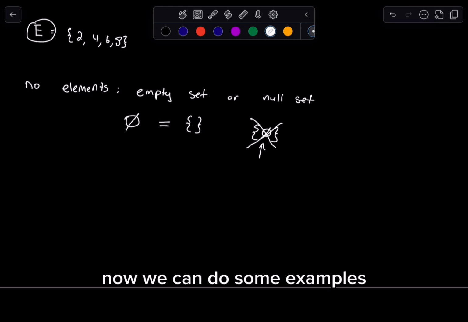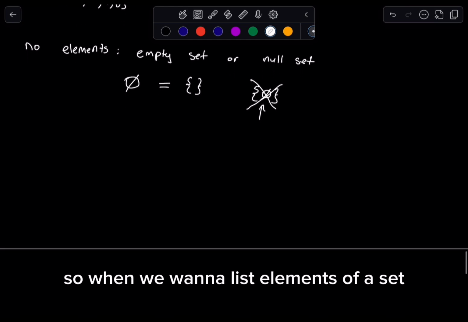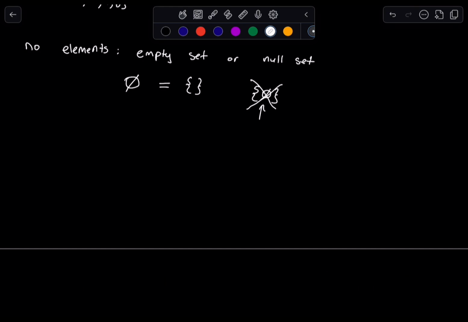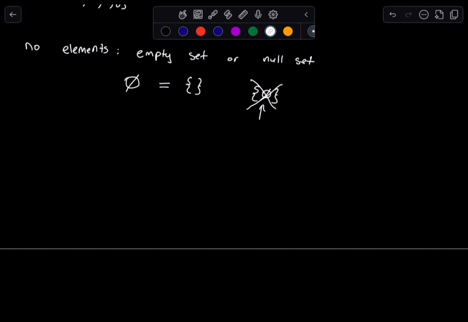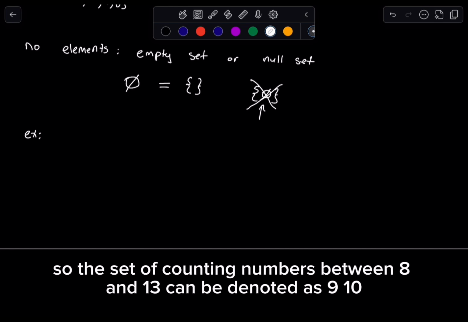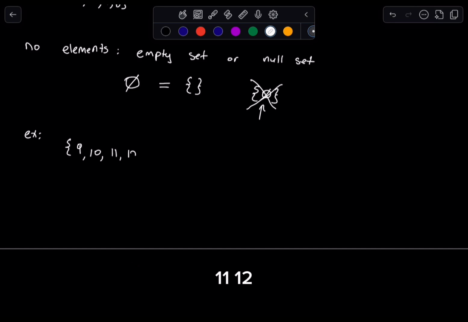Now, we can do some examples. So when we want to list elements of a set, and we're given the set of counting numbers between 8 and 13, it can be denoted as 9, 10, 11, 12.